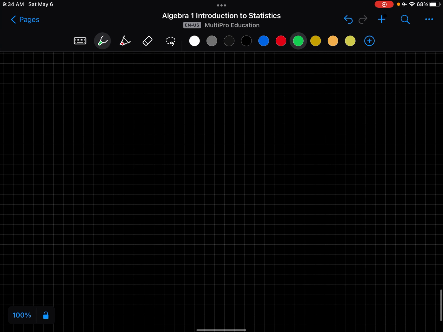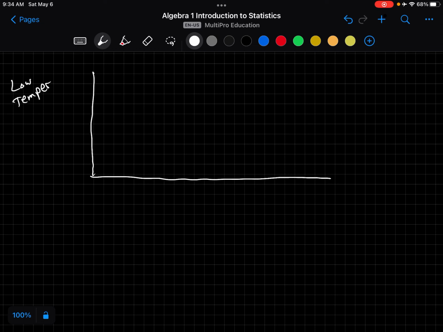All right, let's look at one last graph here. And what we're looking at are low temperatures. And low temperatures are very important in my field.